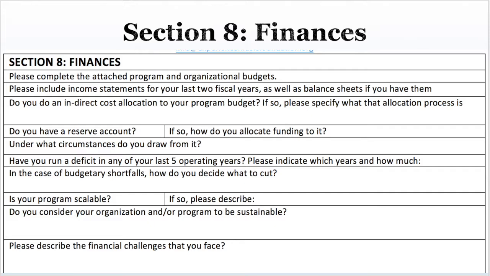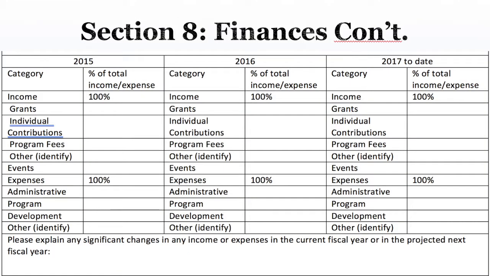Also keep in mind that these are budgets for the future, for the year in which you are applying for this grant. So it's most likely the next fiscal year. In addition to that, we would like your current operating budget and your current program budget, including year-to-date actuals on those budgets.